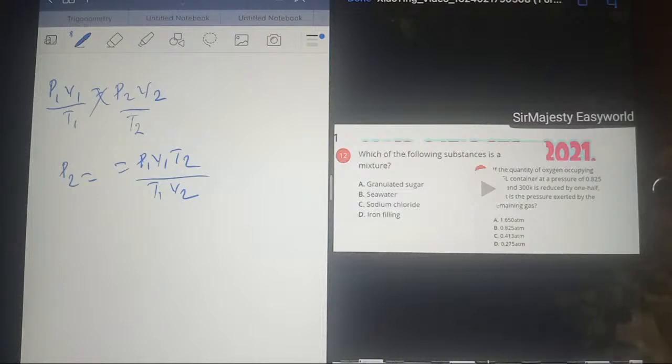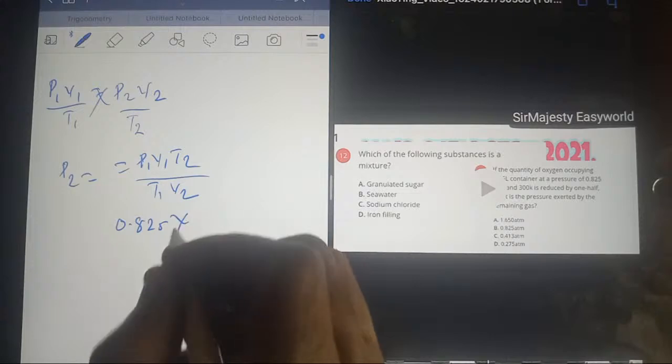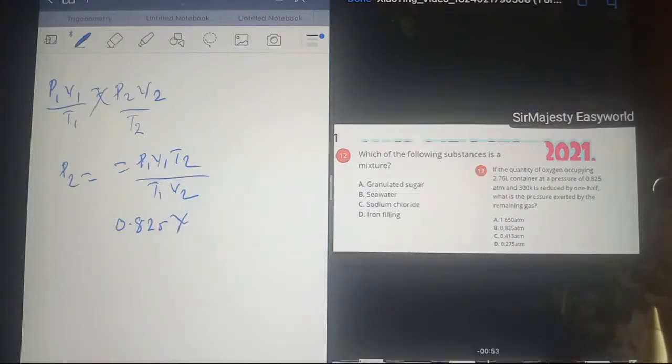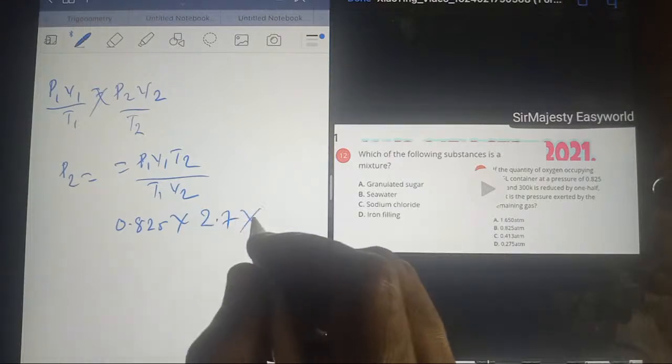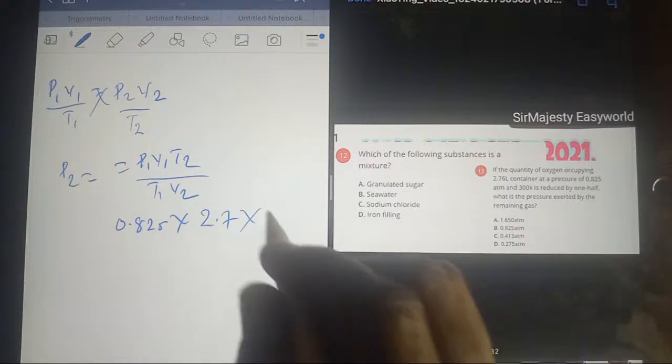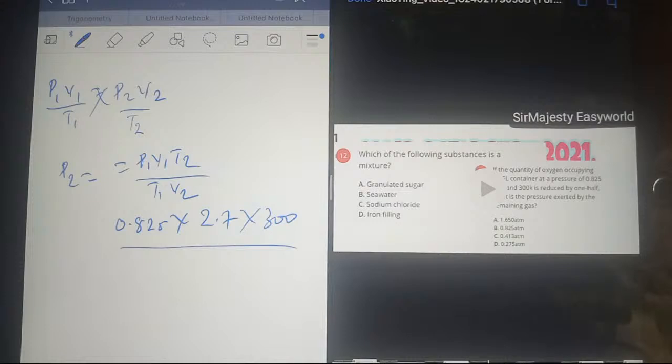What's our first pressure? The first pressure given is 0.825. So 0.825 times what's the volume? 2.7 dm cube. That's the same thing as liter. Then the temperature that was mentioned is 300 Kelvin. Then divide by T1, okay, T2.